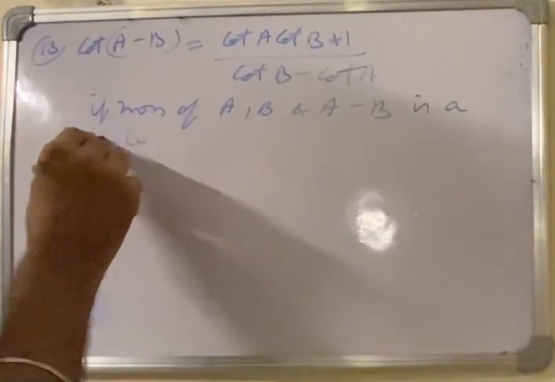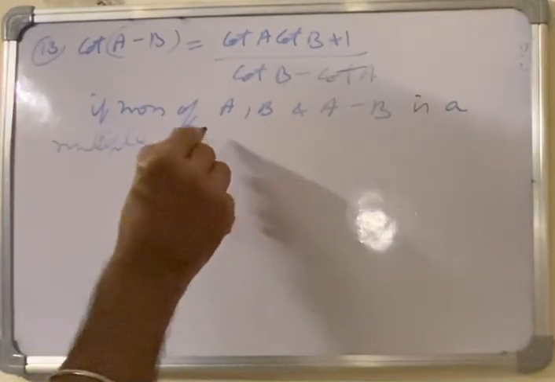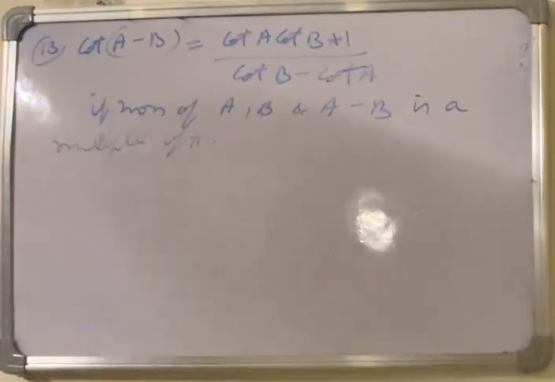So that's all. We have already proved this: tan A plus B, tan A minus B, cos A plus B, cos A minus B. In the next video, we shall take the questions relating to all these formulas.